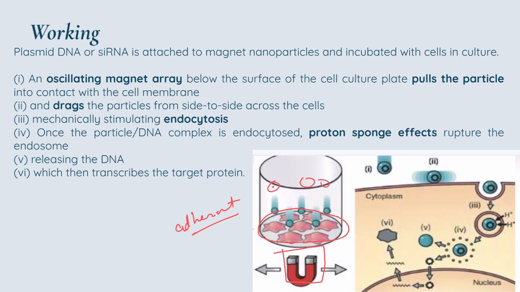So first of all, we will take the magnetic nanoparticle, and we will oscillate the magnetic field or magnet. And what this oscillation does is that it will move the magnetic nanoparticle on the surface of the cell, and this movement triggers the endosome formation and endocytosis of the magnetic nanoparticle occurs. Once endocytosis occurs, proton sponge effect takes place, that is, the H plus ions get incorporated.